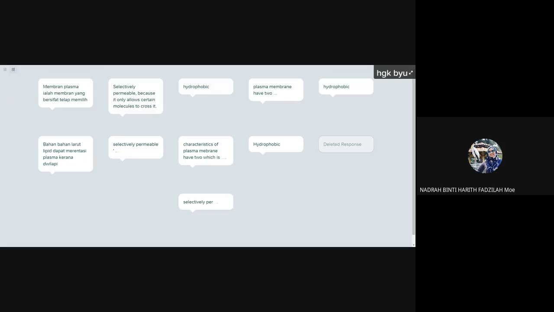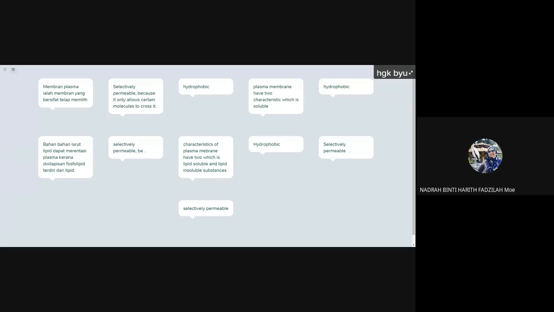Apa sifat-sifat substance tu? Okay, I agree with you. Satu markah dah dalam tangan. Markah yang pertama, kita nyatakan sifat dia iaitu selectively permeable atau menunjukkan sifat ketelapan memilih. Very good. Number 1. P1 dah dapat.